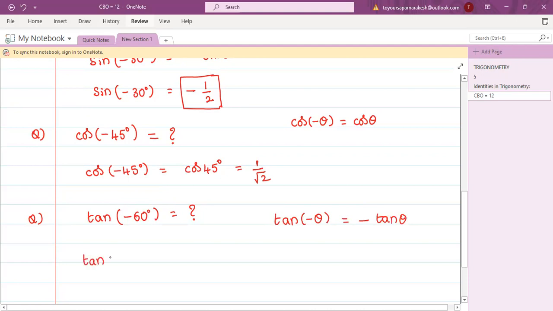So the theta value is 60 degrees, therefore minus tan 60. Tan 60 means root 3. So this is the value of tan of minus 60 degrees.